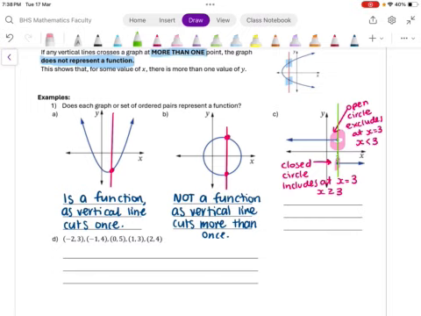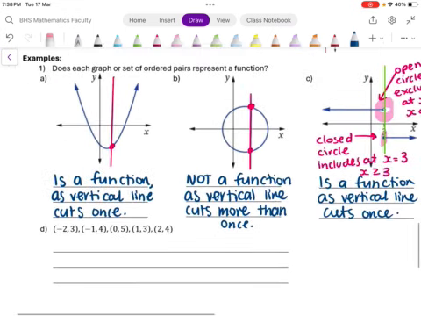It only includes the point at the bottom. So it technically only cuts once. So that means that this is a function, as our vertical line cuts once.